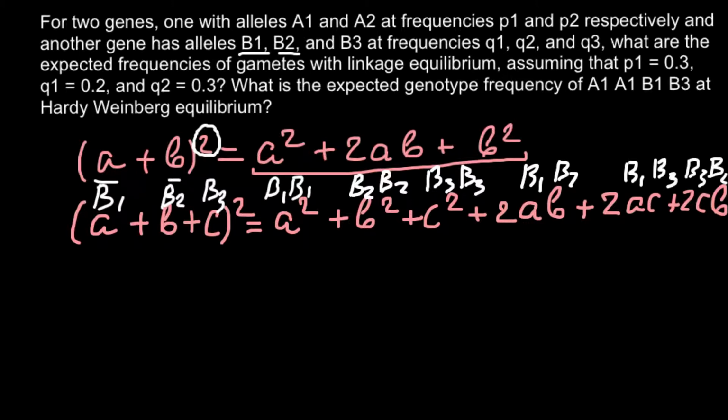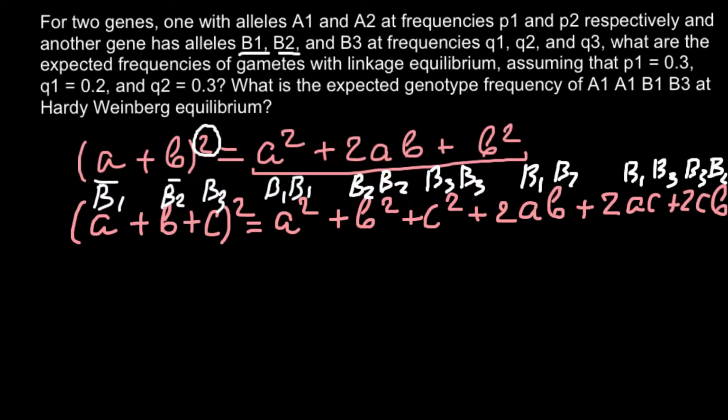So now we can solve our problem. According to our problem, we have a locus with two alleles, so one gene with two alleles, and an allele is just a form of the same gene, but one can be different from the other, even in one nucleotide. So we would consider these two variants of the same gene.